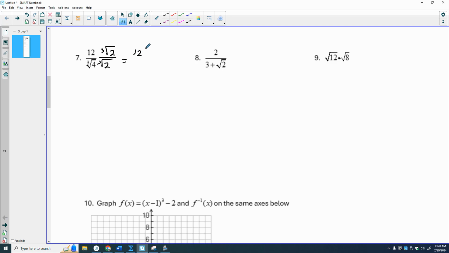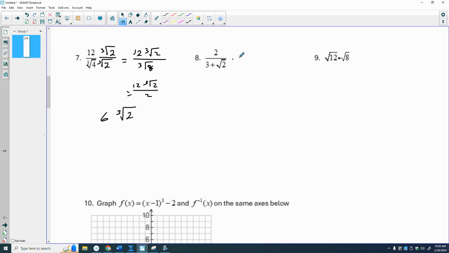So I have 12 cube roots of 2 over the cube root of 8, which is just 2. I was thinking ahead. And so I have 12 cube roots of 2 all over 2, which comes out to be 6 cube roots of 2. I can reduce these because they're both outside. I can't reduce these because one is out and one is in.